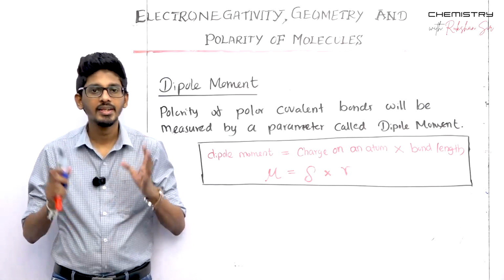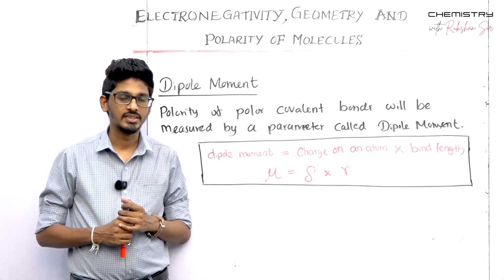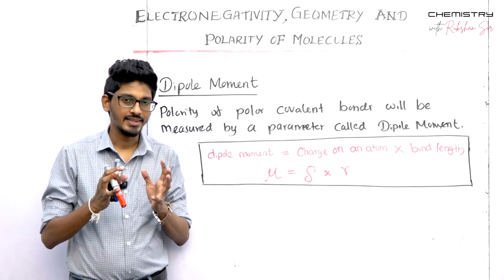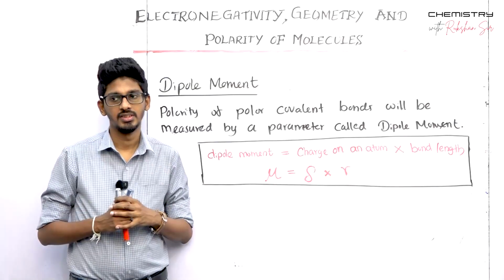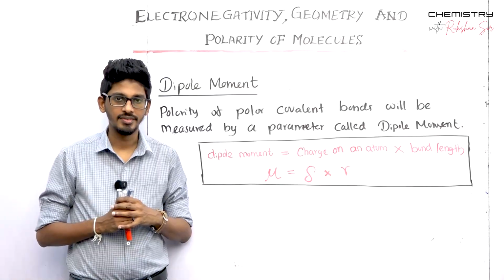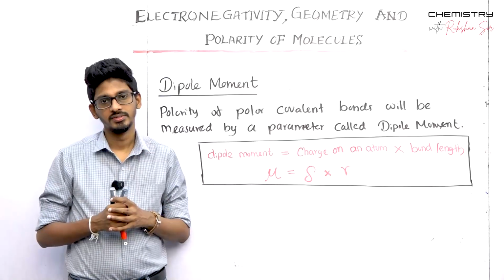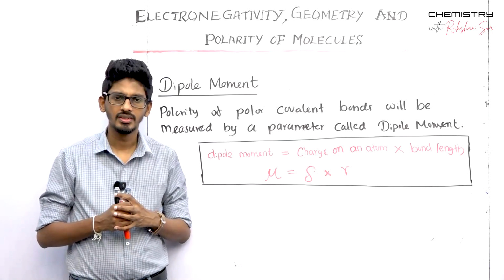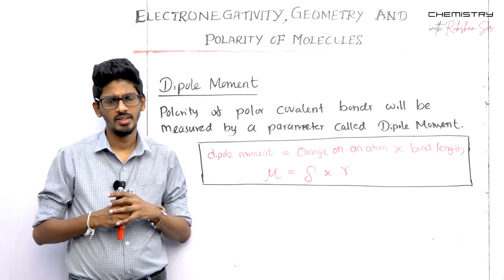Then another thing we should know. What is that? The dipole moment is referred to as a vector. What does it mean?